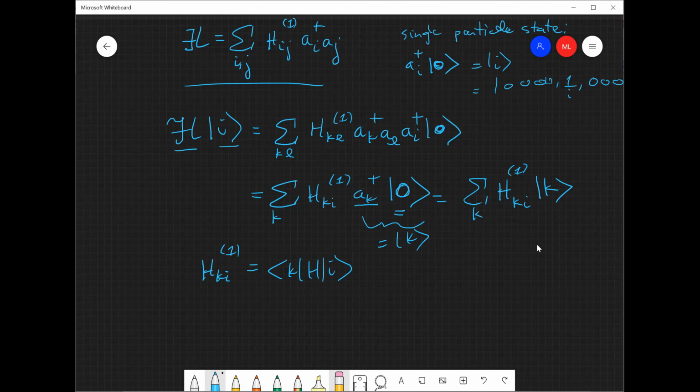You can see that by its construction, it behaves just as we would expect. And now you can do another interesting thing and see how these single particle operators act on two particle states. And then it becomes a little bit more subtle. But any questions so far?